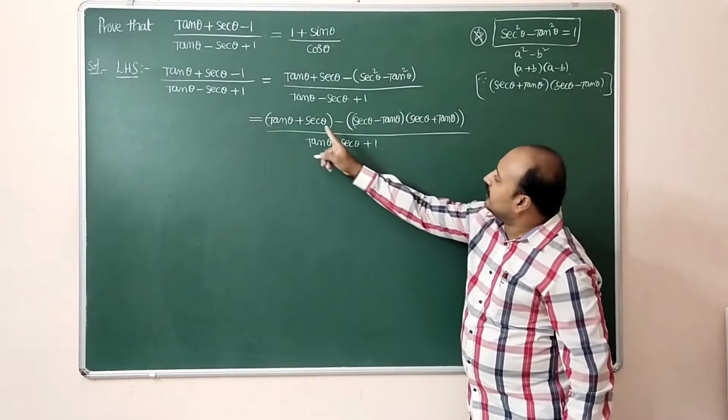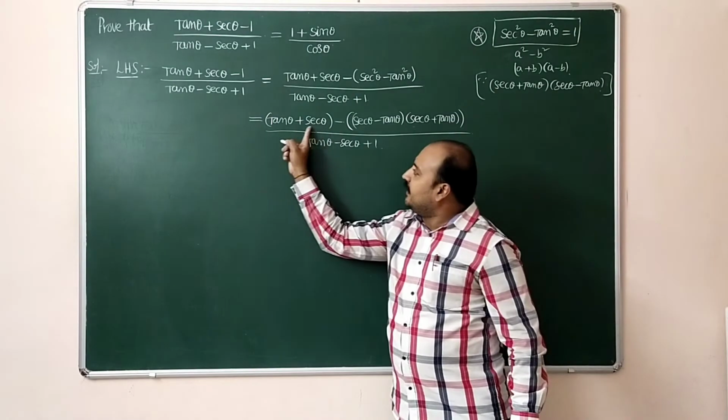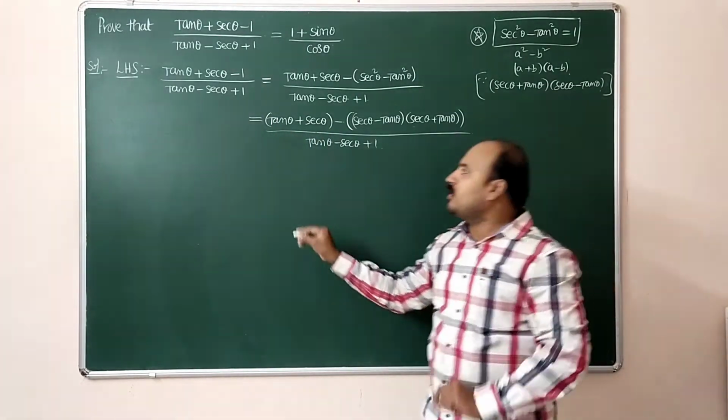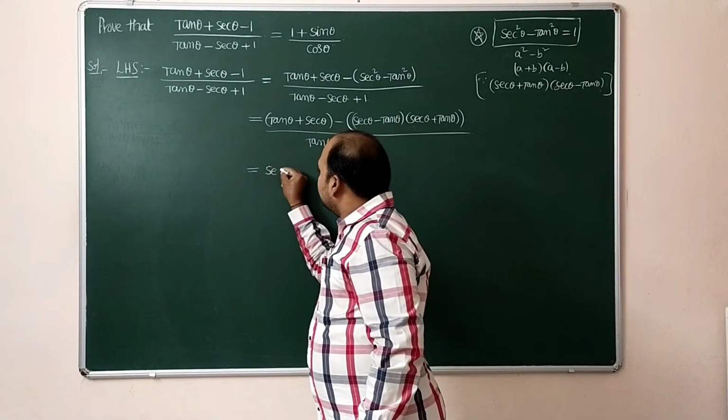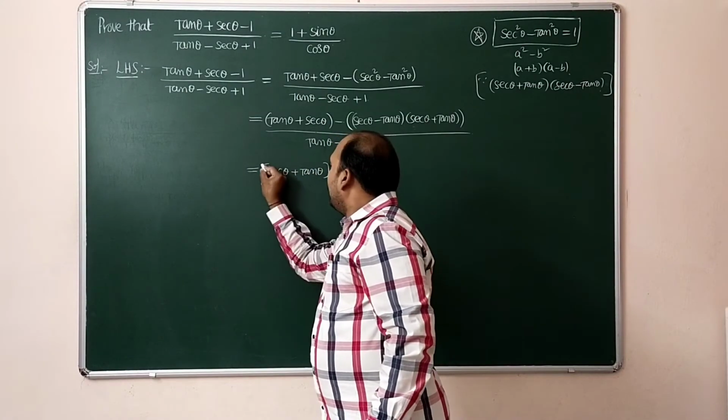From the numerator, in this term as well as in this term, secant theta plus tan theta, you have to take common from the numerator. So secant theta plus tan theta, if you take common, what is the rest of the term?